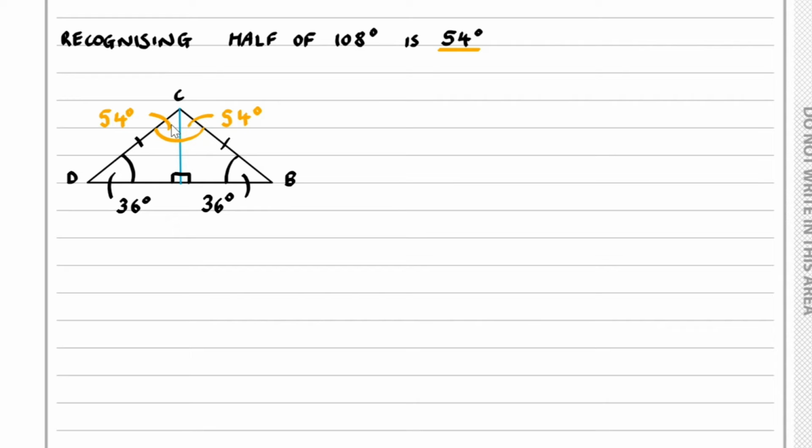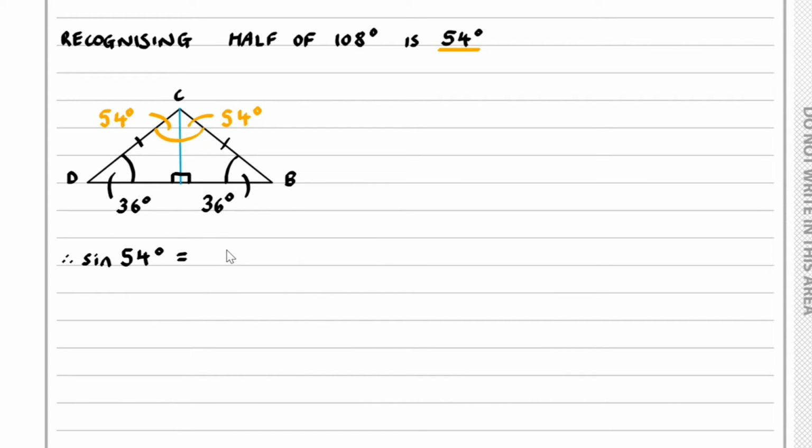And we want to find out what sine 54 is. Now, sine relates to the opposite and the hypotenuse. So, if we were to find out what sine 54 is, we've got the opposite. Now, what we've done here is we've split in half DB.